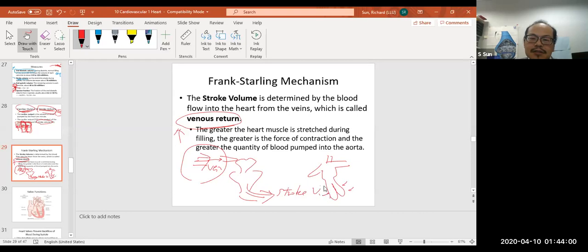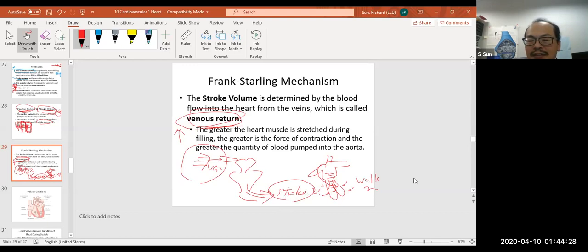Say you sit for a long time, then there will be less blood going out because a lot of blood remains in the vein. They stay in the lower portion of the body. If you move, if you walk, or if you run, you will squeeze this blood going back to the heart. It will increase the venous return, increase the stroke volume.